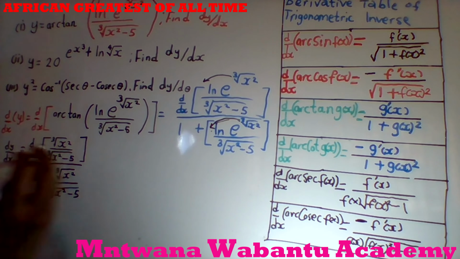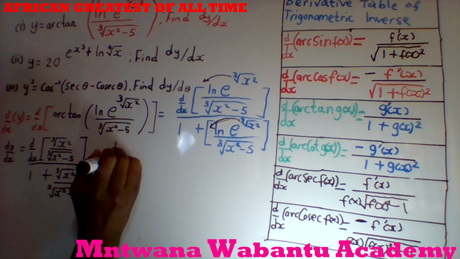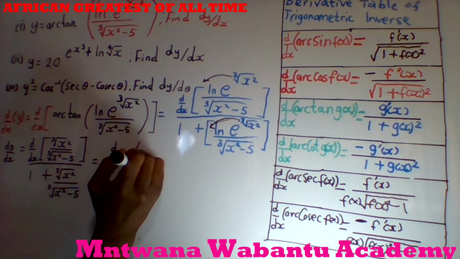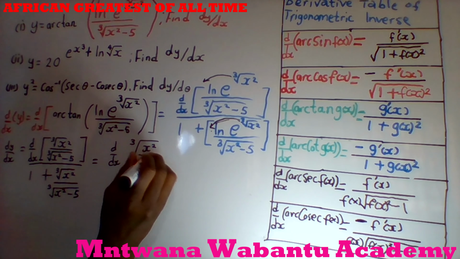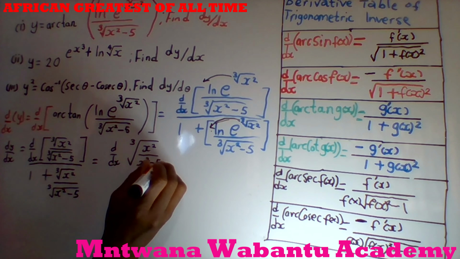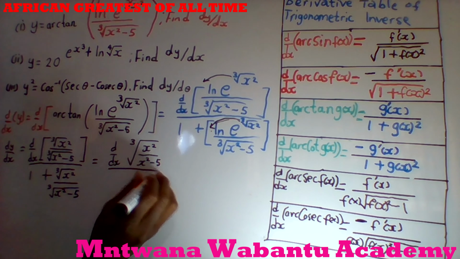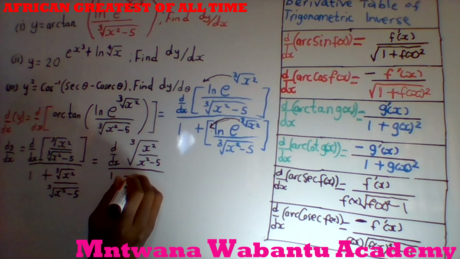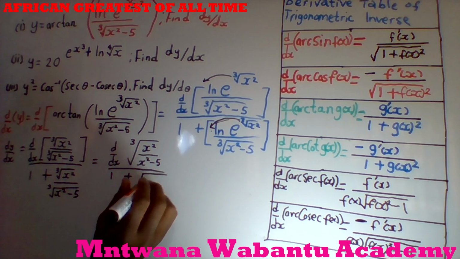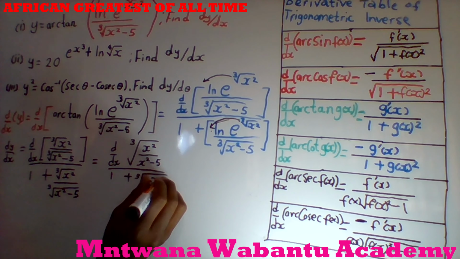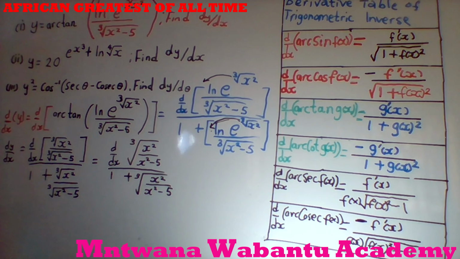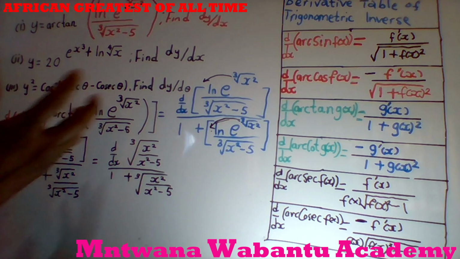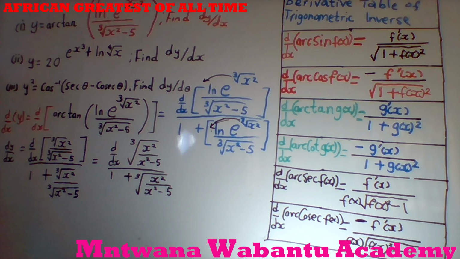So this here becomes d dx, and then same root, root of 3, and now on top is going to be x squared, and here is going to be x squared minus 5, and then over this side here just a 1, and the plus also we're going to do the same game here. So it's going to be cube root of x squared over x squared minus 5. So next I can just differentiate the numerator, and the game is finished.